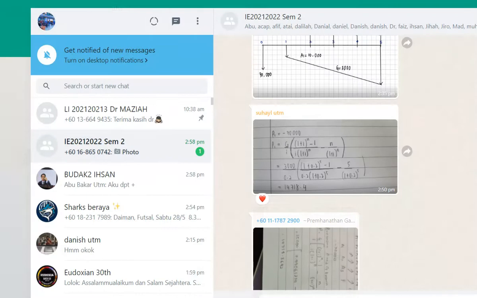Okay, so what is the answer for P1? Okay, Stewart, why do you want to find the value of A?